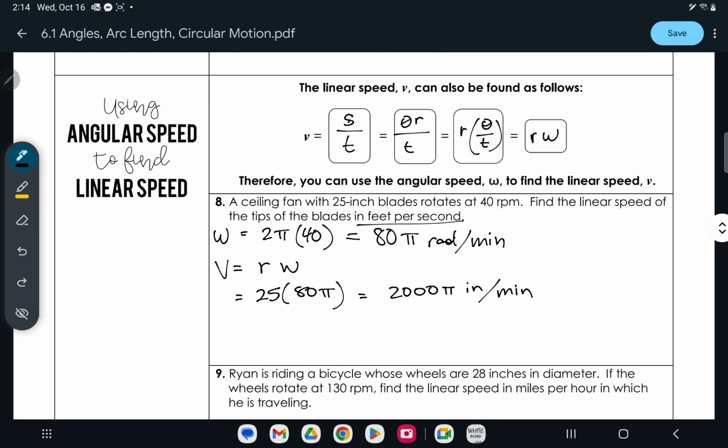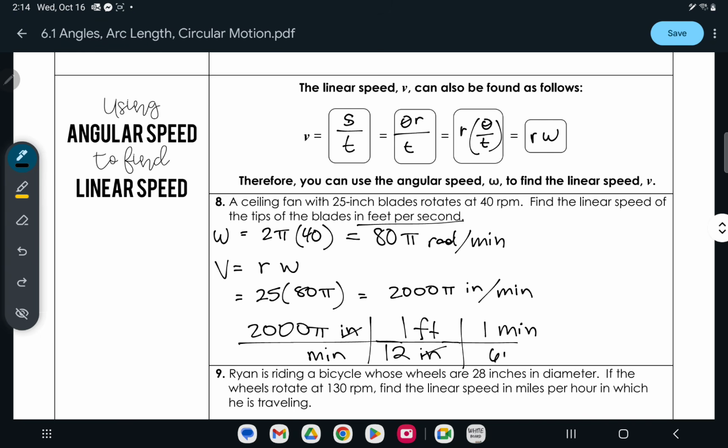But we want feet per second. So 2,000 pi inches per minute. Let's do feet first. There are 12 inches in 1 foot, so that covers my inches. And in 1 minute there are 60 seconds, so that covers my minutes.